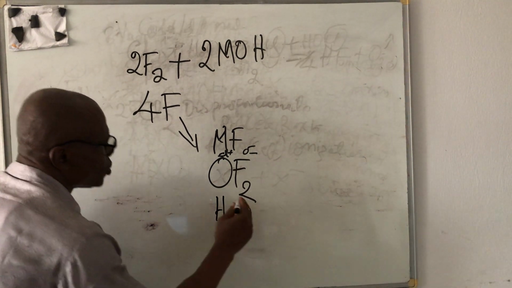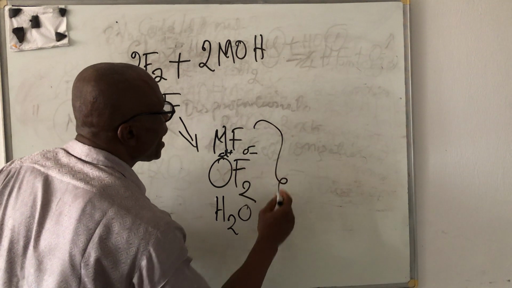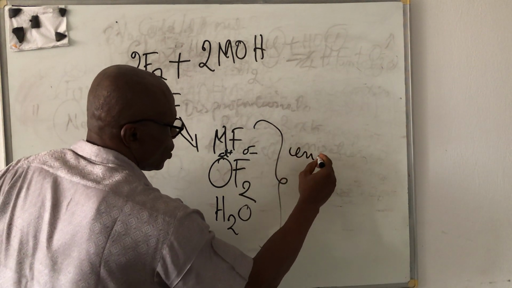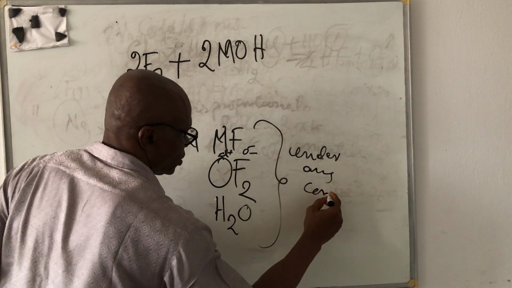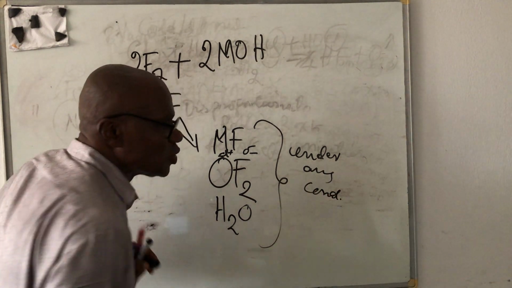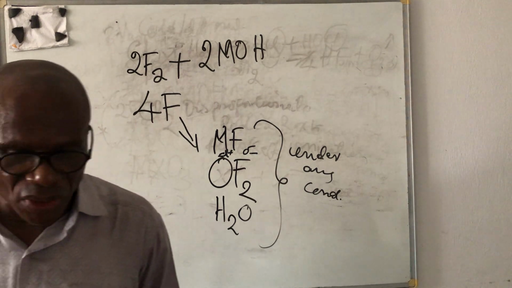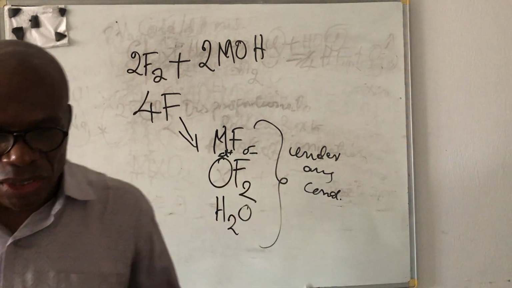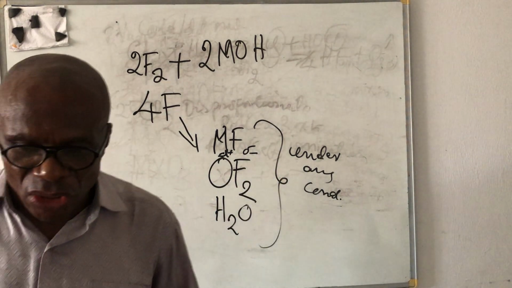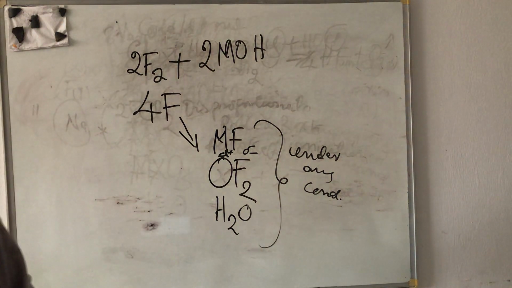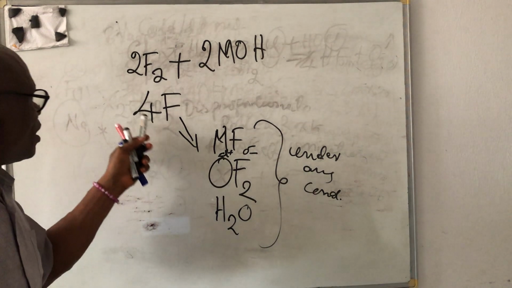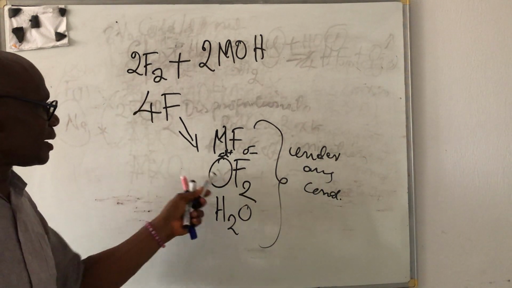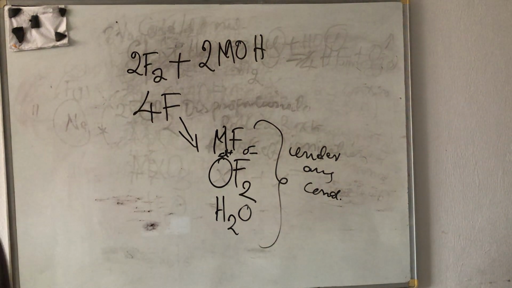And this reaction occurs under any condition. The reaction condition must not be cold, must not be concentrated, must not be dilute. So far as it has to do with fluorine, the reaction will spontaneously yield this.